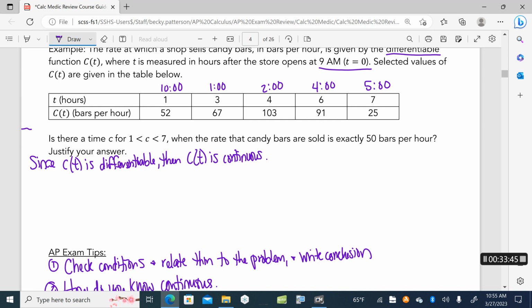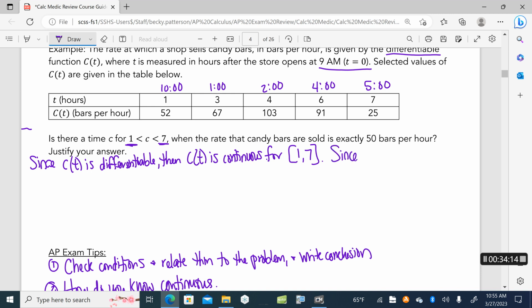Now, again, I'm looking back at my notes where it says how. It says since f of x is continuous. Okay, so I've got that part. And then it says f of a equals some value and f of b equals some value. So I'm talking about in between 1 and 7, so I should say continuous for the closed interval 1 to 7. So now I need to find f of 1 and f of 7.